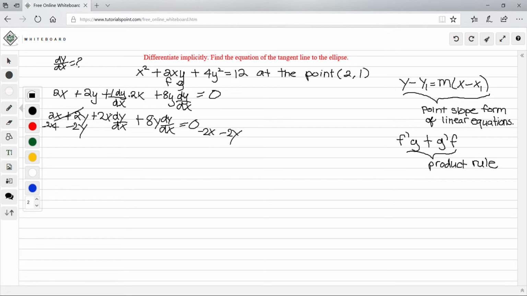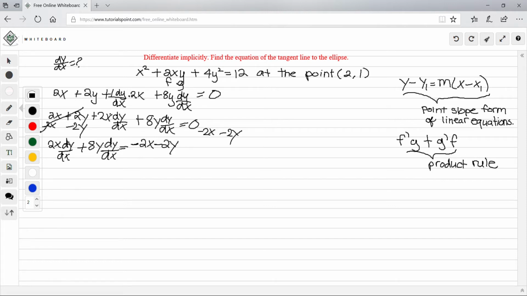So that cancels. On the left you get 2x dy/dx plus 8y dy/dx equals, and don't forget the right side, you're left with negative 2x minus 2y.